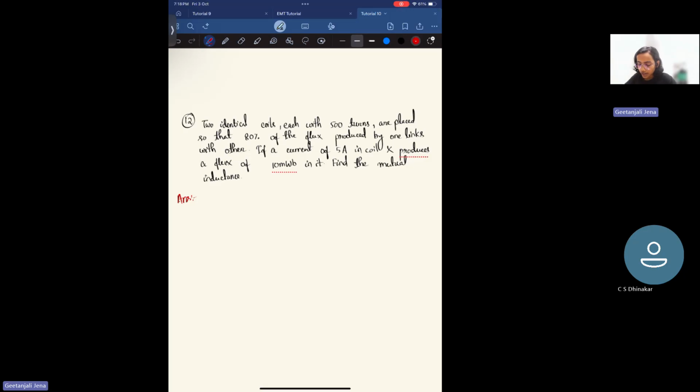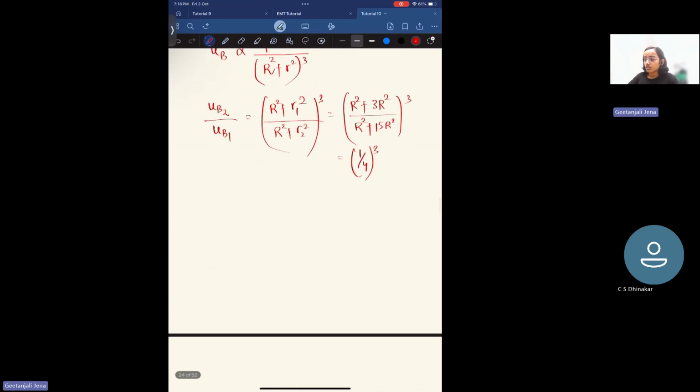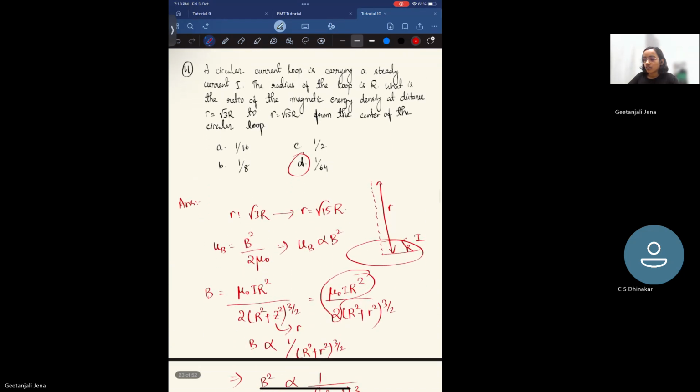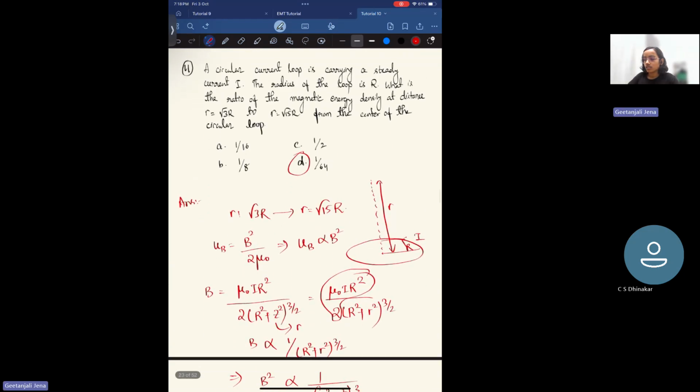A current of 5 ampere in coil X produces a flux of 10 milliweber in it. Find the mutual inductance. Okay, previous question. Is it okay?